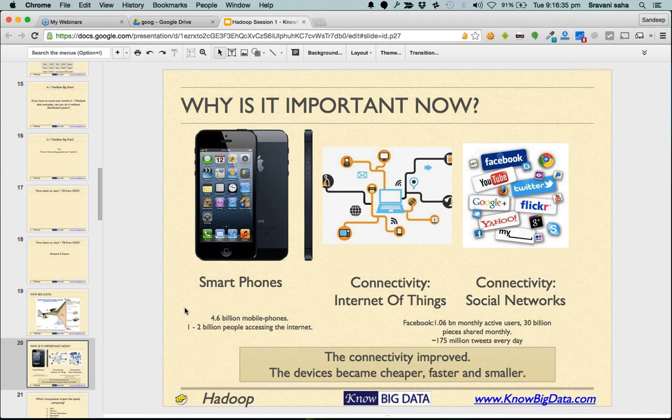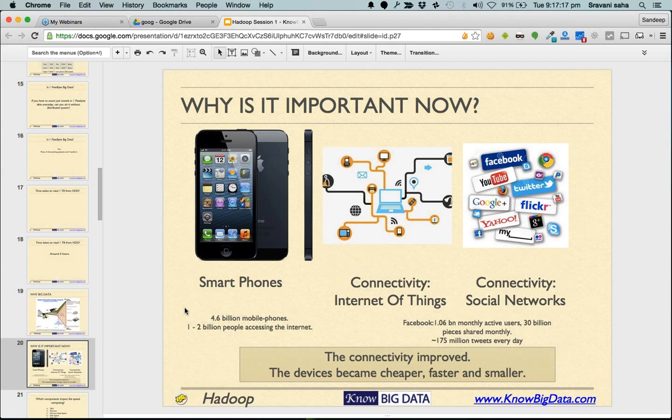So devices became cheaper, faster, and smaller, meaning people were gathering more and more data. People are taking photos, their call records are being kept, they generate documents, send and receive messages and emails, all on the phone. And when you are connected to the internet, your data generation becomes really high.